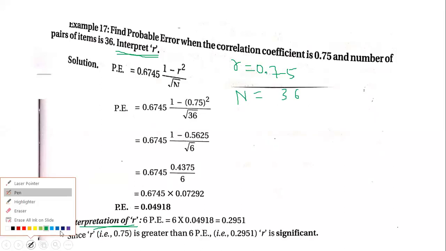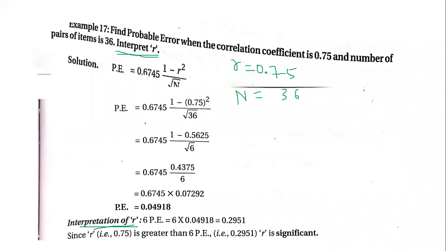So 0.6745 into 1 minus R square, that is 0.75 square, divided by square root of 36. 0.75 square is 0.5625. There is no square root here, sorry. Square root of 36 is 6.